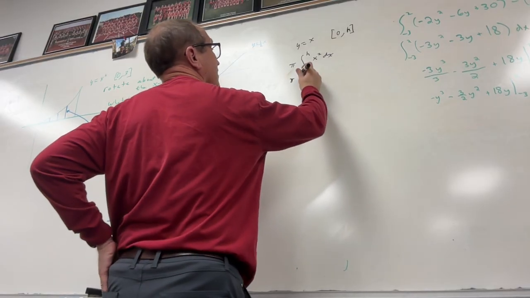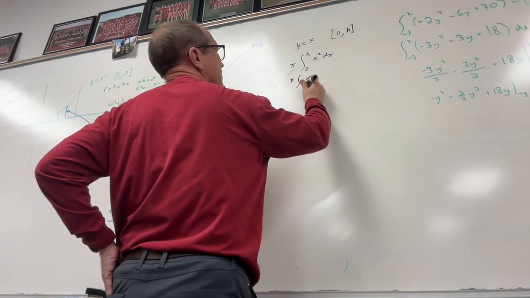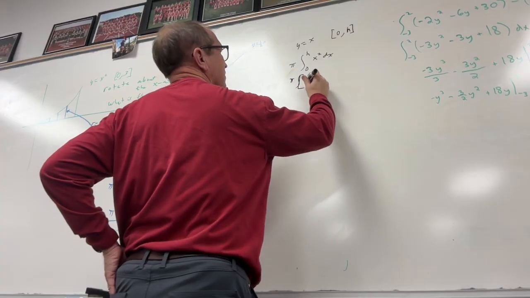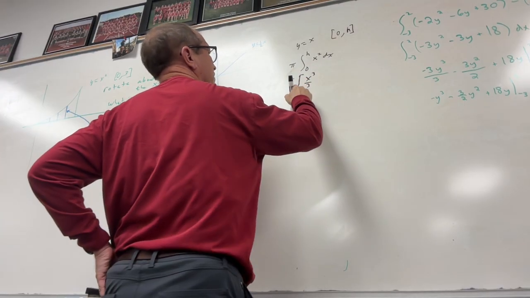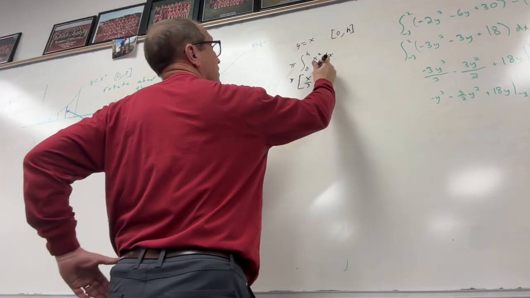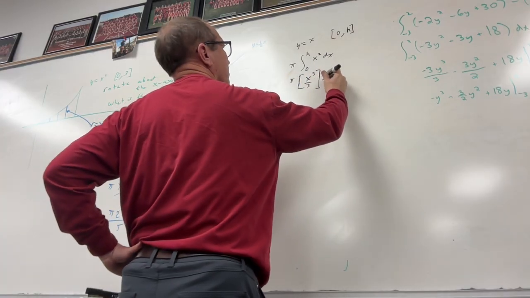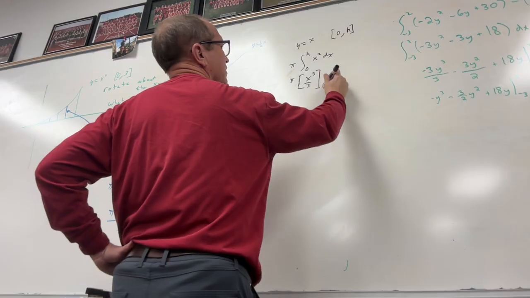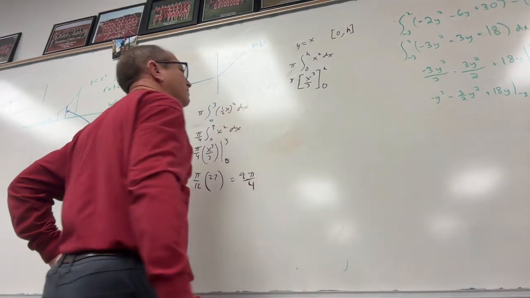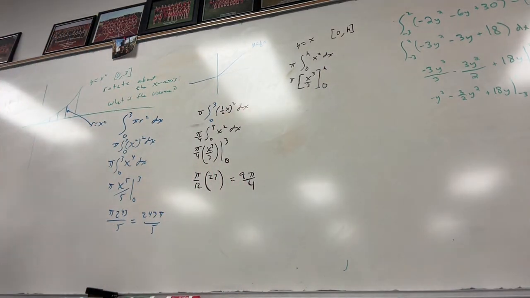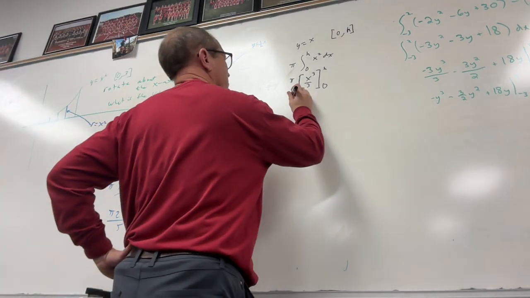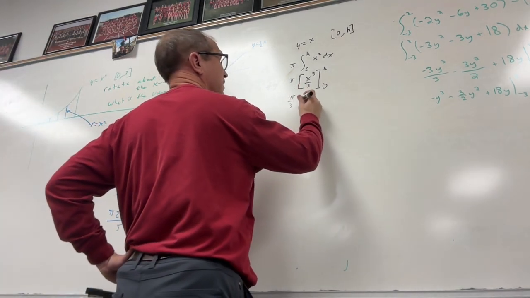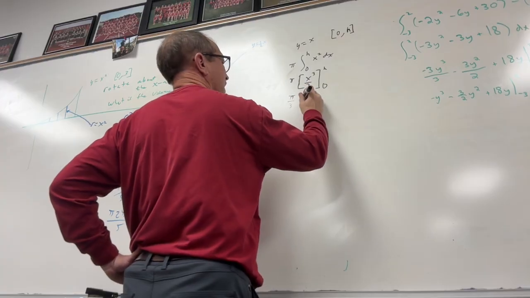So it's pi times, well, let's just go ahead and do this. x cubed over 3, right? Yeah. And we're going to go from 0 to h. So this is pi over 3 times h cubed.